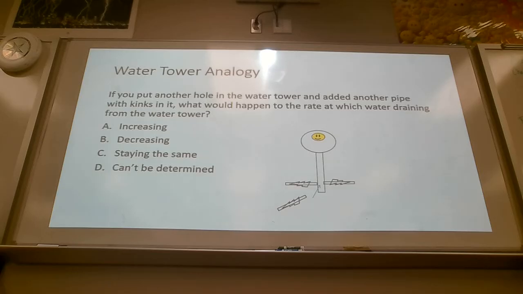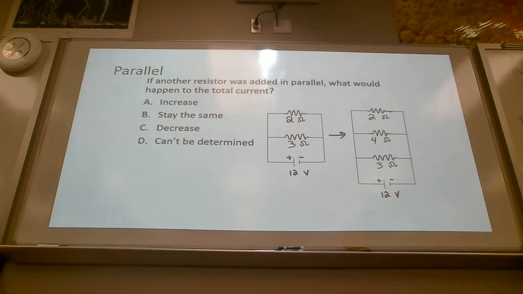If I added another checkout line to Walmart, I'm helping people leave Walmart faster. There's more people exiting Walmart every minute or whatever. You okay with that? Okay. So this is an analogy to adding a resistor in parallel.